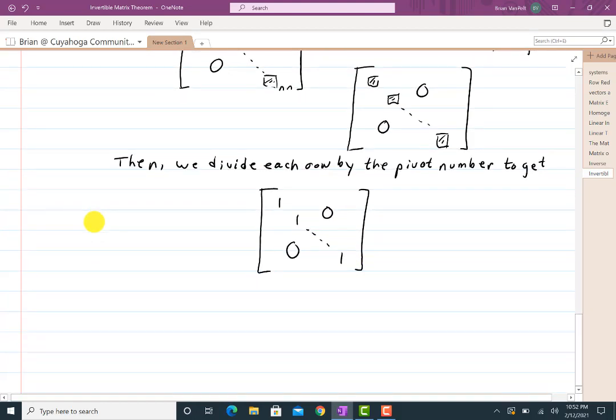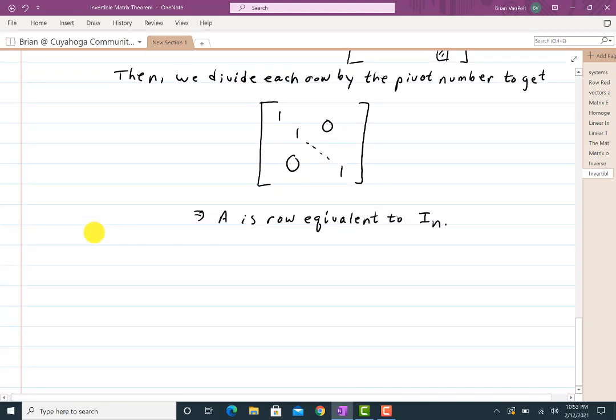So all of the things that I said and did were row operations. So this implies that A is row equivalent to the identity matrix.